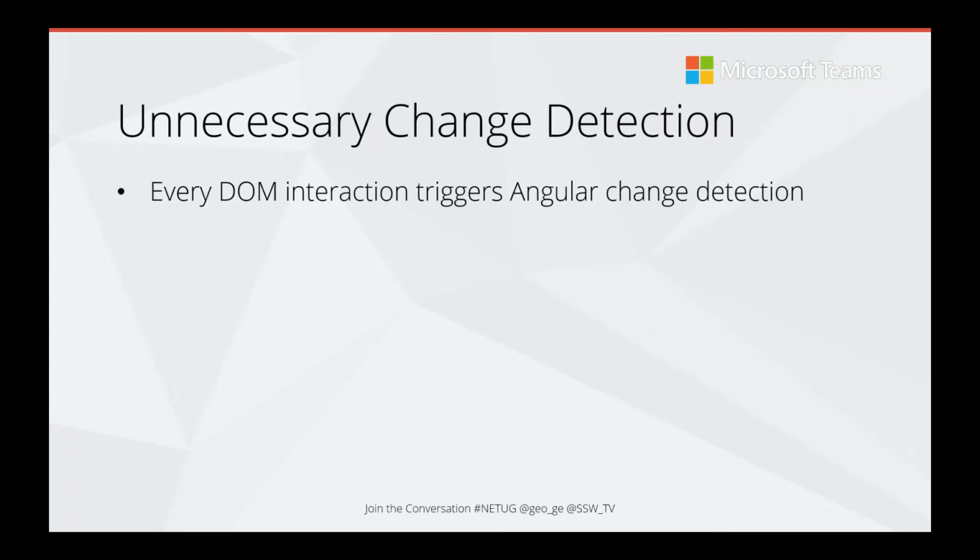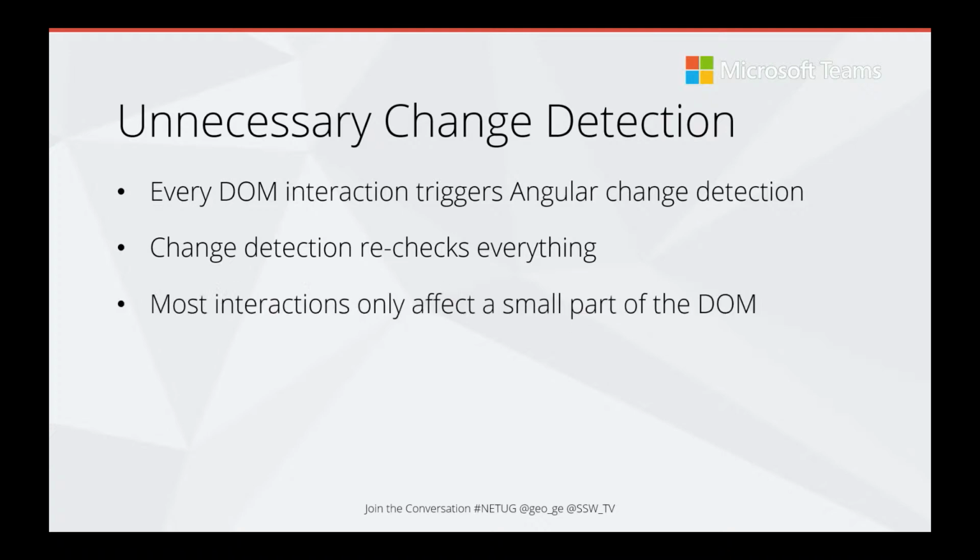So every button click, every keyboard type, triggers that, and change detection just rechecks everything. However, most of our application usually affects only a small portion of the screen, right? Unless you're changing route, there's no reason for you to check the whole screen all over again. So not everything needs to be checked.